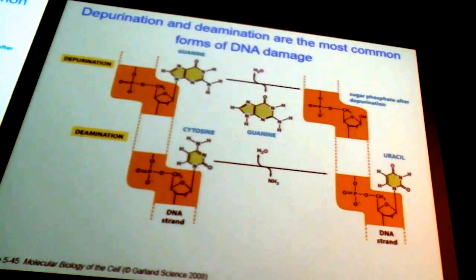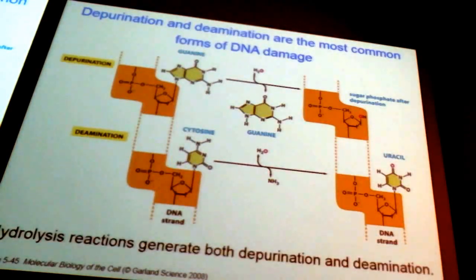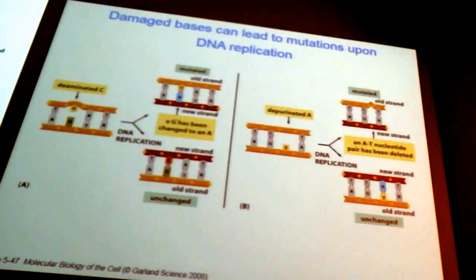And you can imagine that once you have such a damage, subsequent base pairing will be messed up, especially changes like this, where you go from C to U. U will base pair with an A, not a G, right? So you have subsequent mutations introduced. And that's shown here.